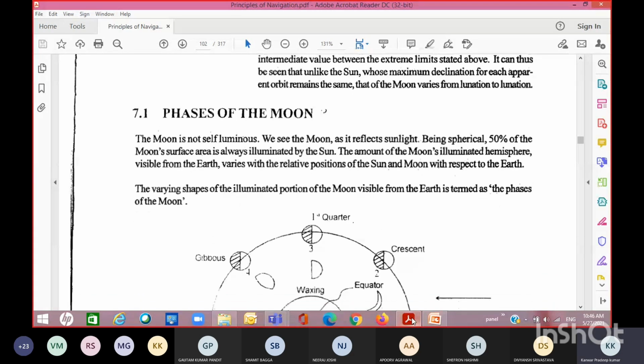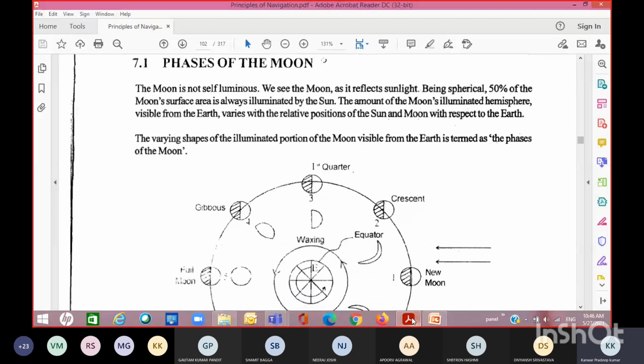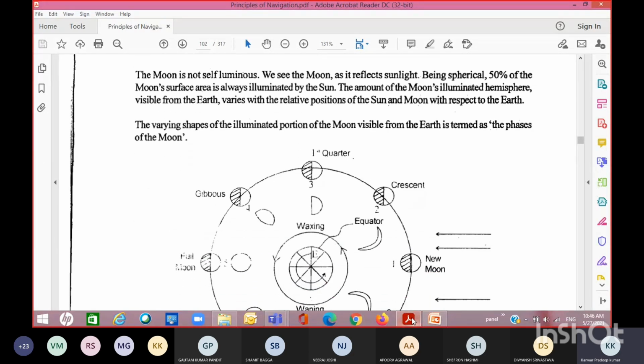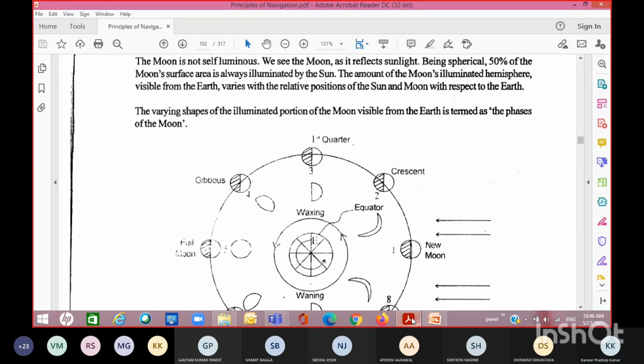Let's come to phases of the moon. We spoke about new moon and full moon. In between, what happens? Does it go like a bulb switch off, full moon and new moon, or does it go through different phases?